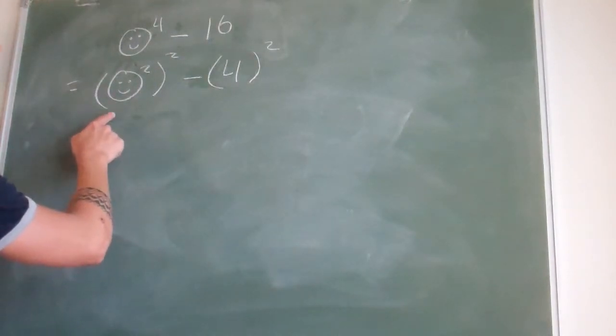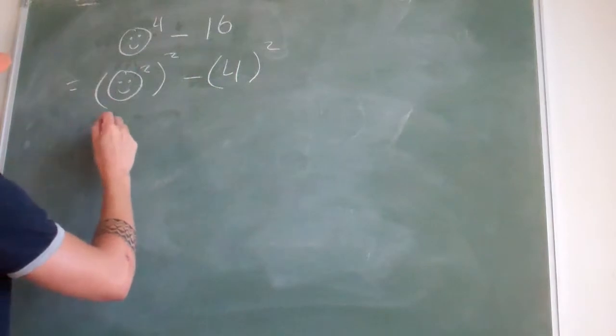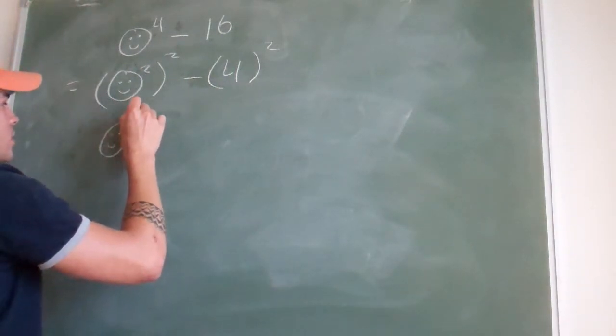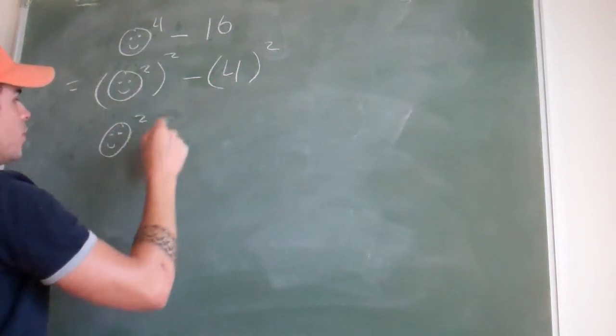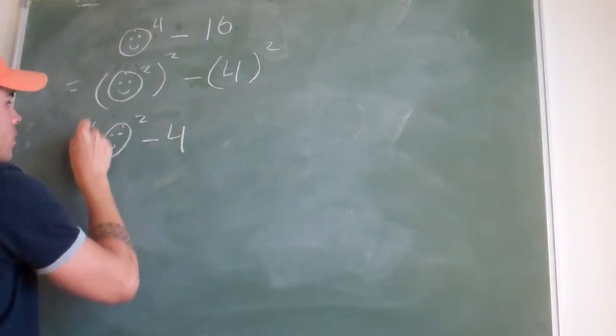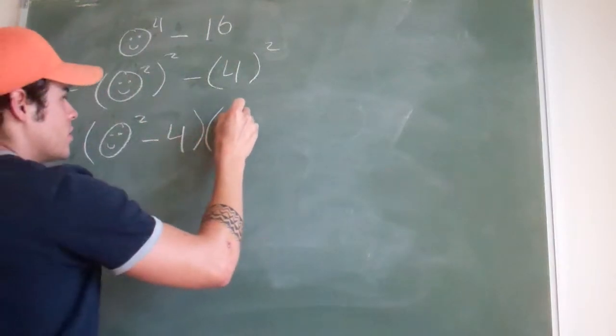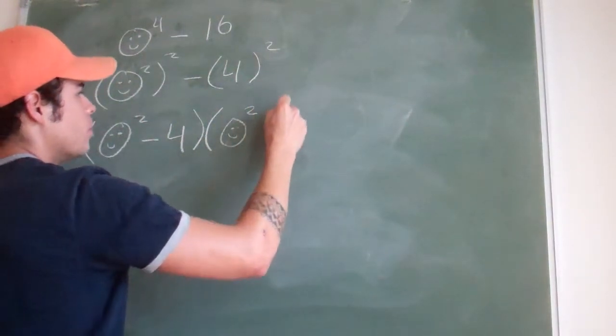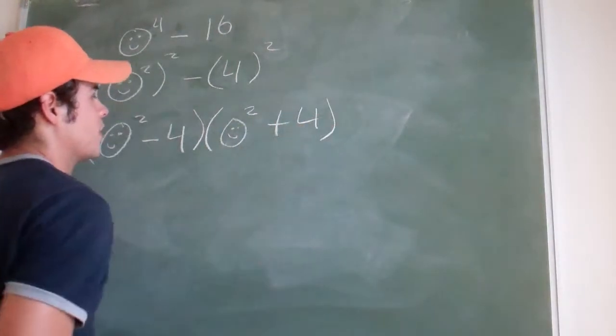I can write this now using the difference of squares, and I can say smiley face squared minus 4 times smiley face squared plus 4.